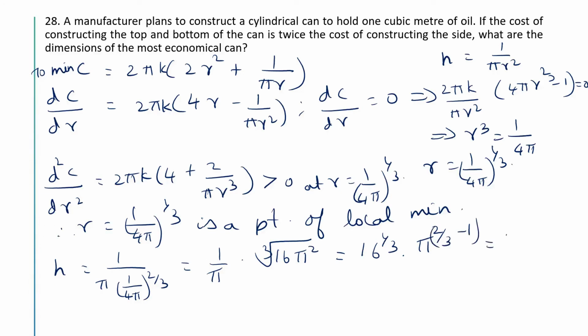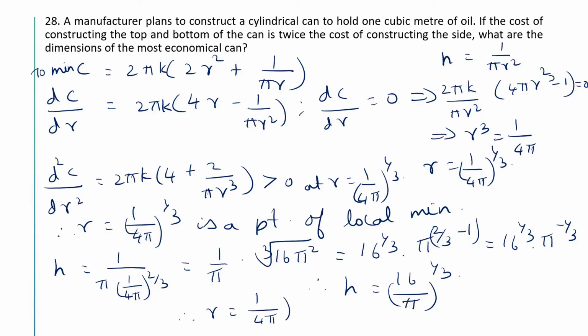So we get 16 the whole raised to 1 by 3 into pi the whole raised to minus 1 by 3. Therefore, from this we get h is equal to 16 by pi the whole raised to 1 by 3. So the required dimensions are r is equal to 1 by 4 pi the whole raised to 1 by 3 meter, and h is equal to 16 by pi the whole raised to 1 by 3 meter.